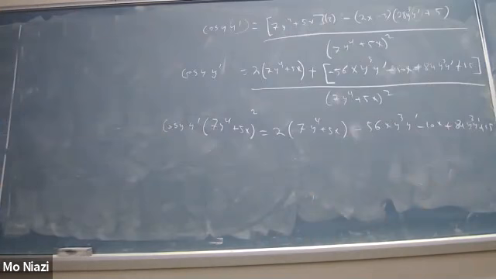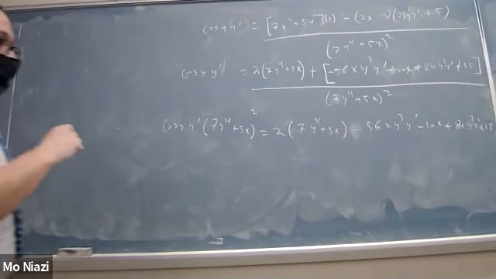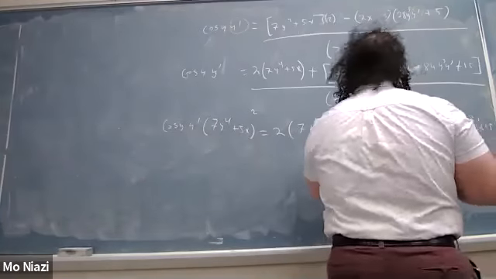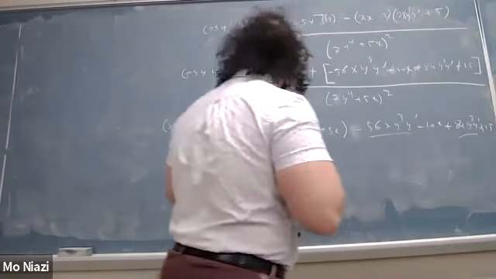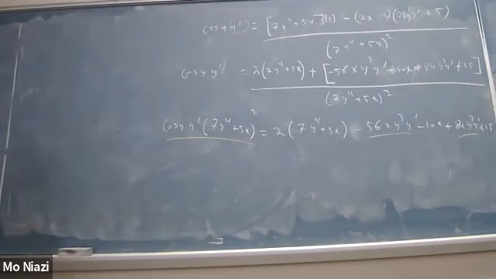Then what we want to do is make the terms that have the y primes, like this guy and this guy, hang out.